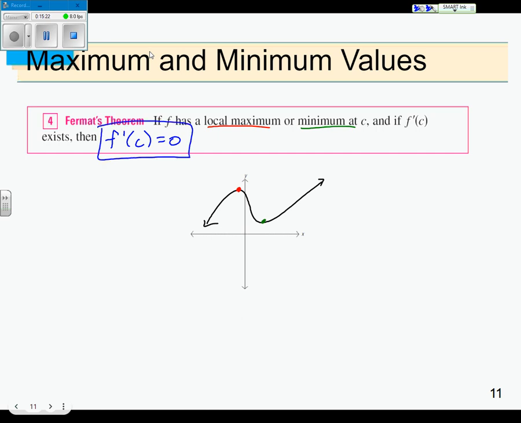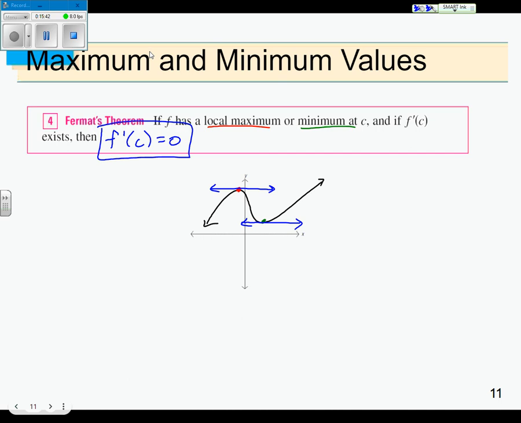Well, think about what we know about derivatives and graphs. It means that the slope of the tangent line is 0. Are the slopes of the tangent line here 0? Yes. We've been working problems like this. So this is just going to be where I have a horizontal tangent line. That's all Fermat is saying on this.